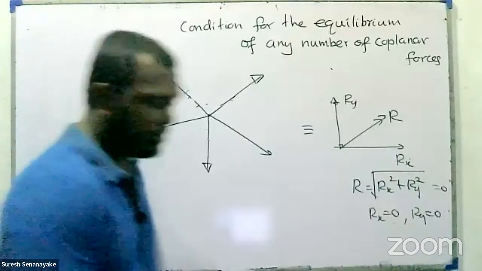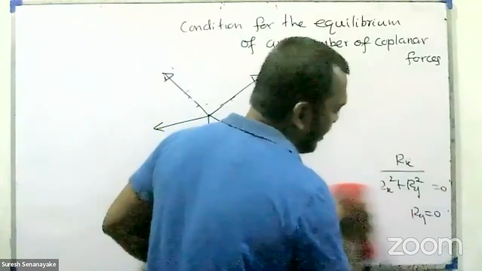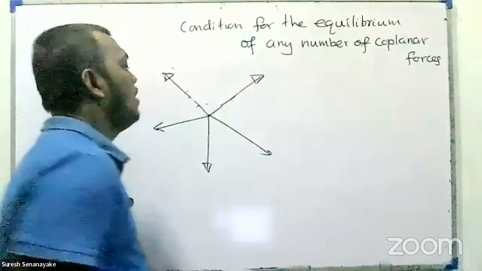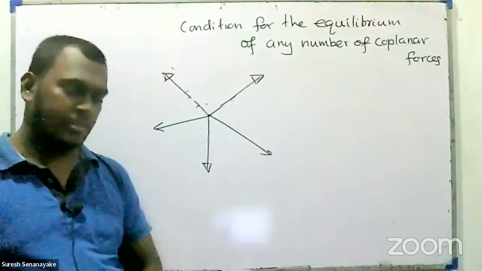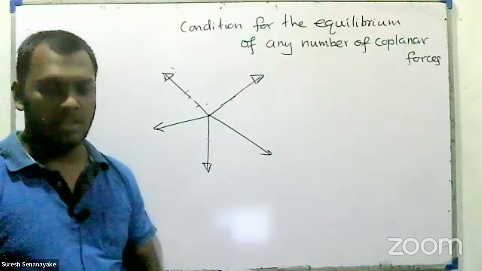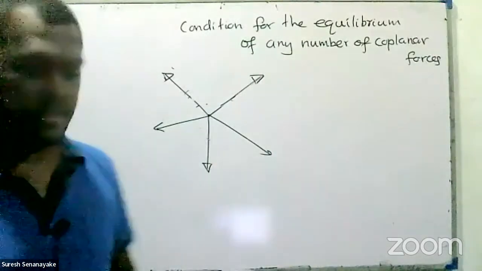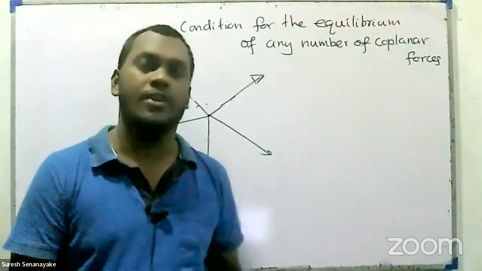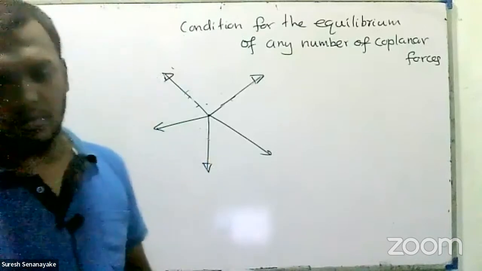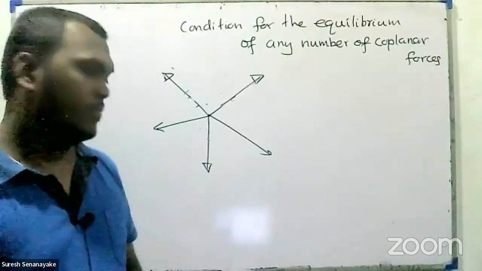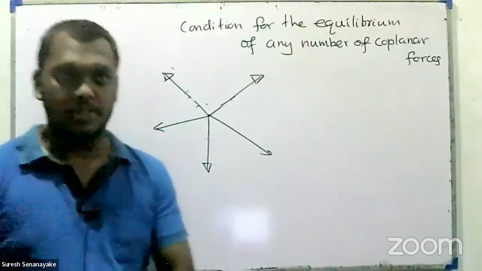First one, right? The algebraic sum of the components of all the forces in any direction should be 0.